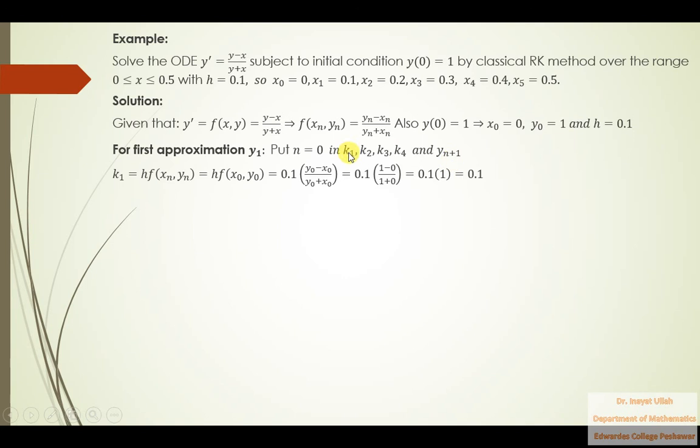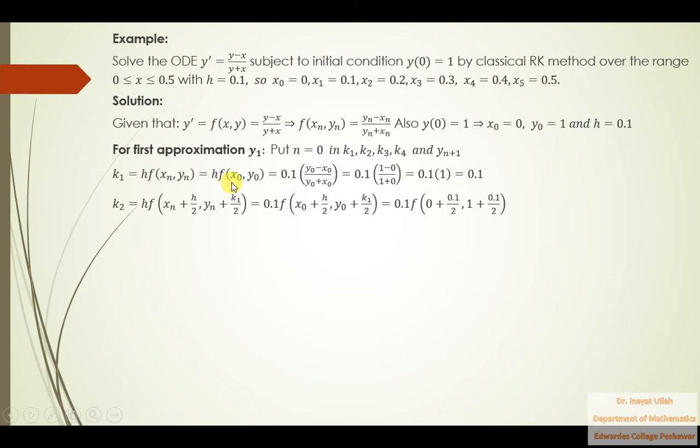So k1, we know that k1 is equal to h times function of xn and yn. Whenever n is equal to 0, that will become h times function of x naught, y naught. Function of x naught, y naught will be y naught minus x naught divided by y naught plus x naught.